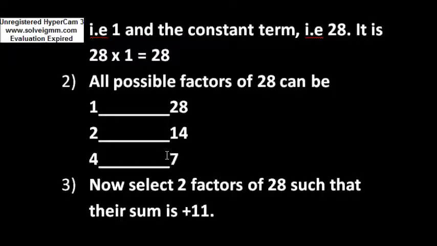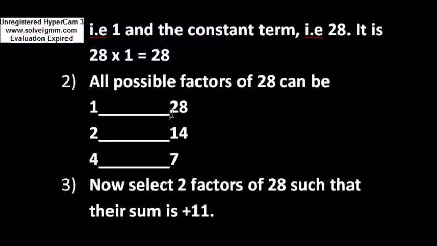Now you have to select the best option, where you can add or you can also subtract. Actually, you have to find the midterm. Your midterm is 11. When you add 7 and 4, your answer is 11. When you add 14 and 2, your answer is 16.